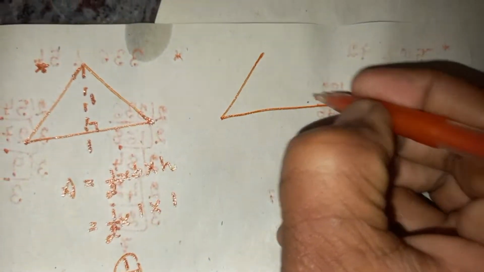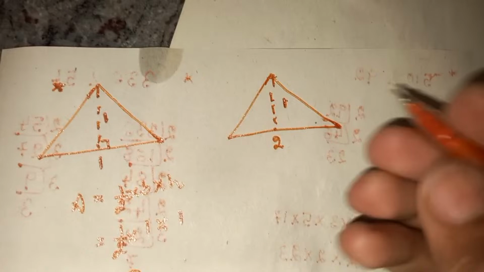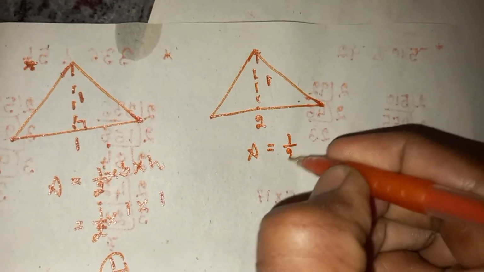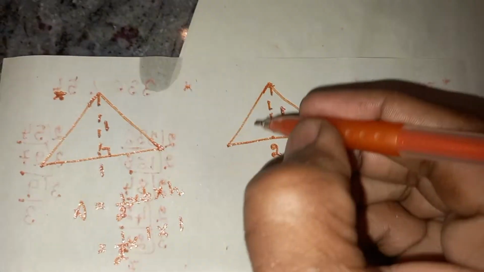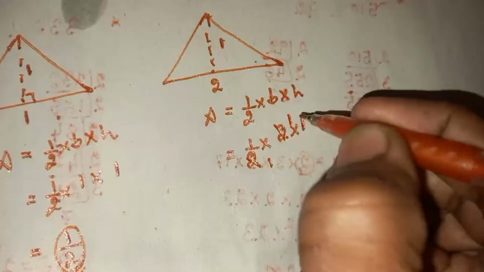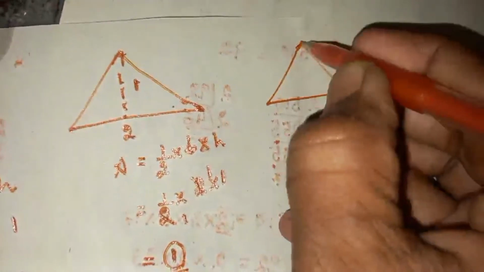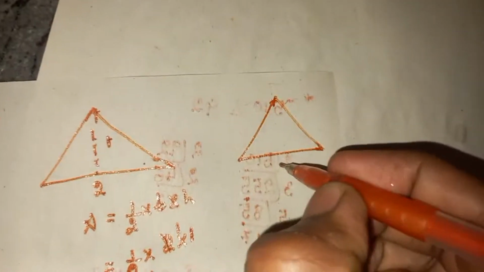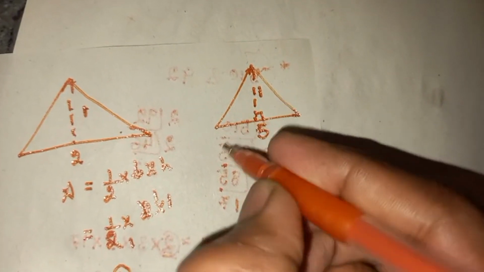Let's take one more triangle. Here the base length is 2 units and the perpendicular height is the same, 1 unit.